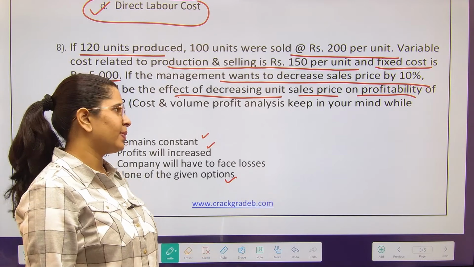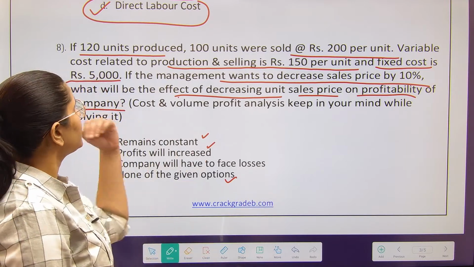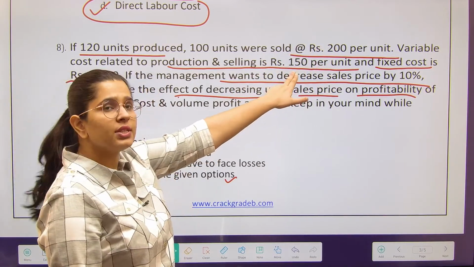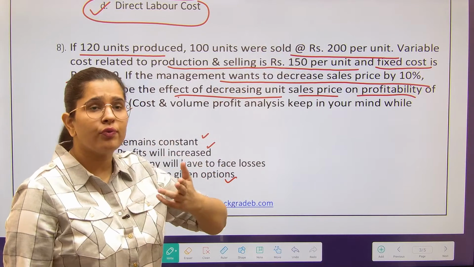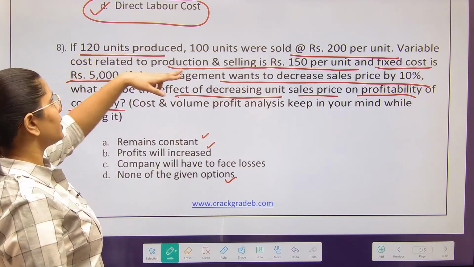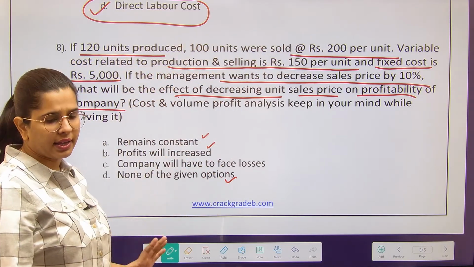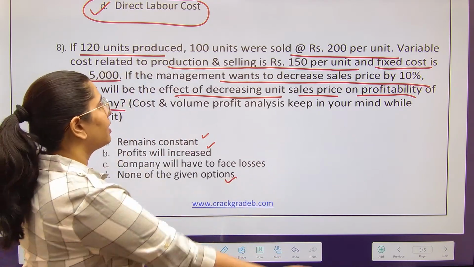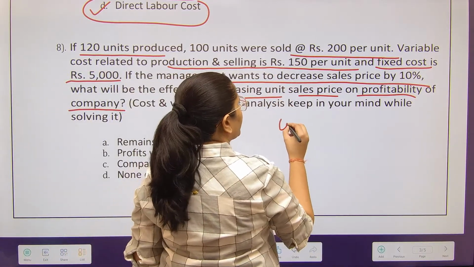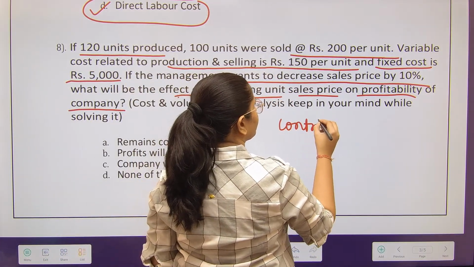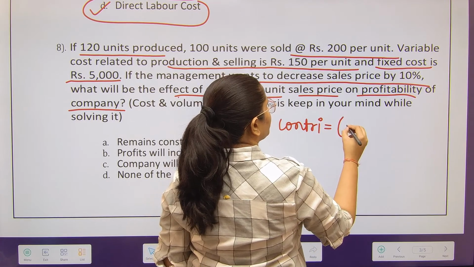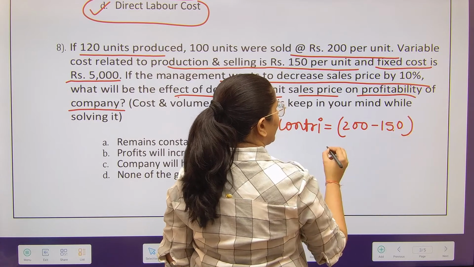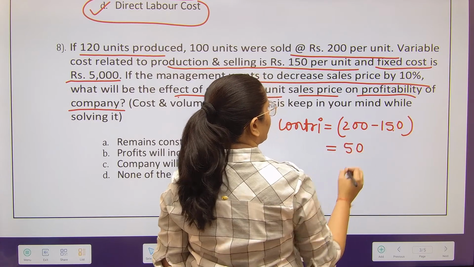So I'll only explain this because I do not have that much time. So see over here what they are telling you. Selling price is 200. Variable cost is 150. Now some of you will get confused with this 120 or 100. Like this might happen. So what we'll do over here is just see what is the contribution. 200 rupees is my selling price less 150 rupees, that is 50 rupees is my contribution.